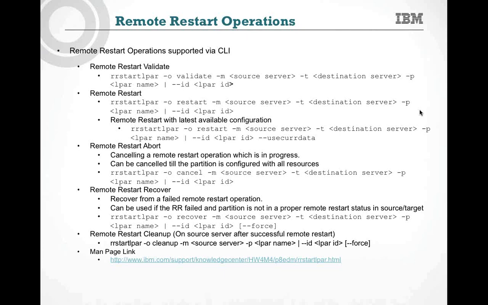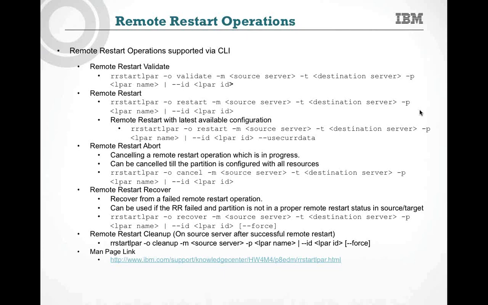If the partition's up and running, just do an LPM validate to make sure that you're remote restartable. That's about the best you can do, unless you can shut down the partitions and actually run the rrstartlpar -o validate. I don't think that's a big issue if you run migration validate or remote restart validate on the partition. I think they're both going to be fine.